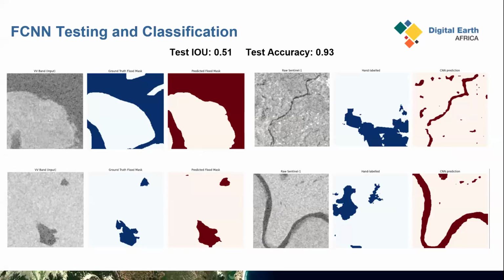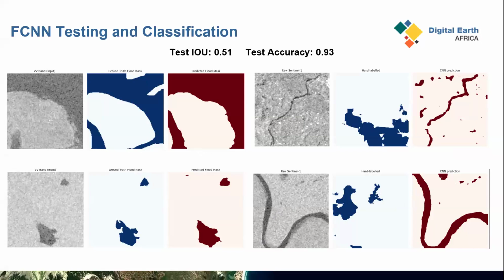The hand label data is almost like a digitized flood extent corresponding to that raw Sentinel-1 image. And the red is what we are predicting.